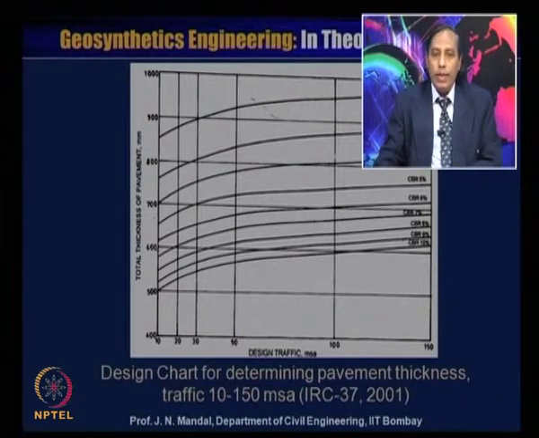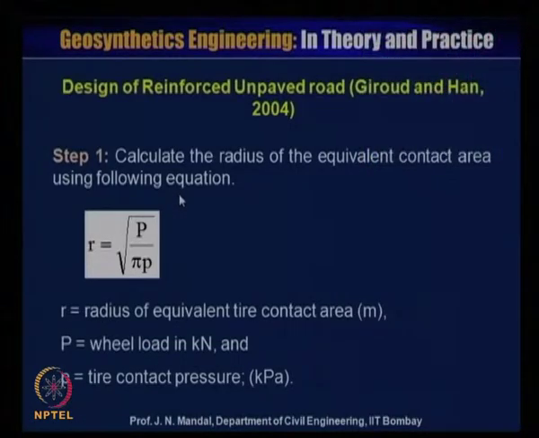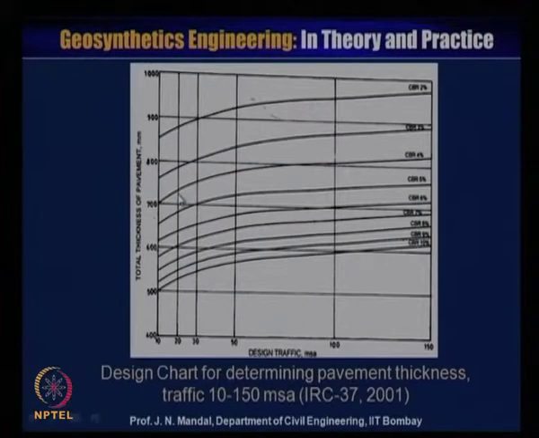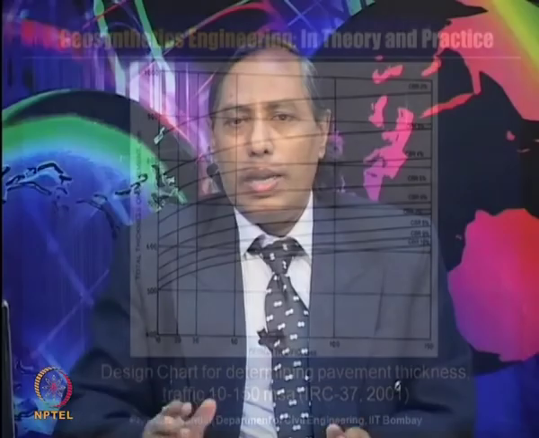Knowing the design traffic in terms of MSA and the value of CBR, you can calculate the thickness of the pavement for the unreinforced case. We follow this design chart as per IRC.